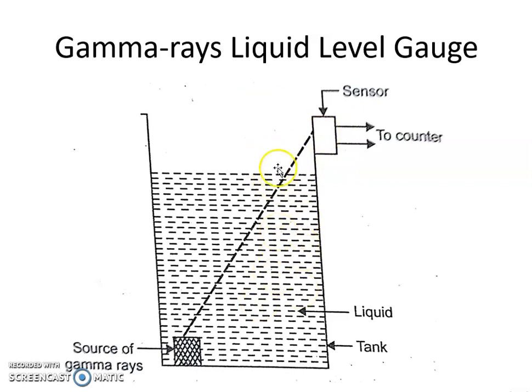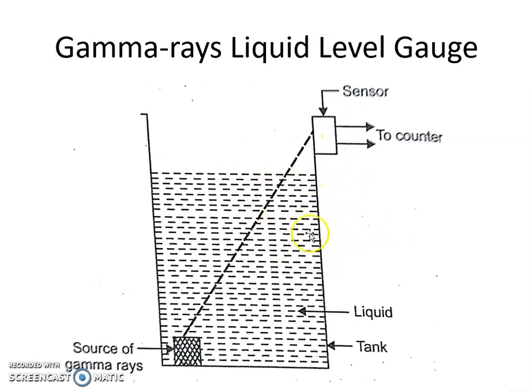As the height of the liquid varies, the intensity of gamma rays falling on the sensor also changes. Based on this principle, the gauge is used to measure the liquid level.